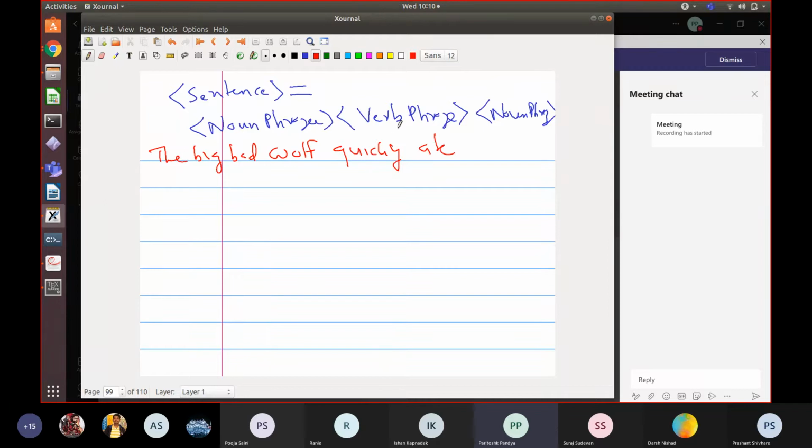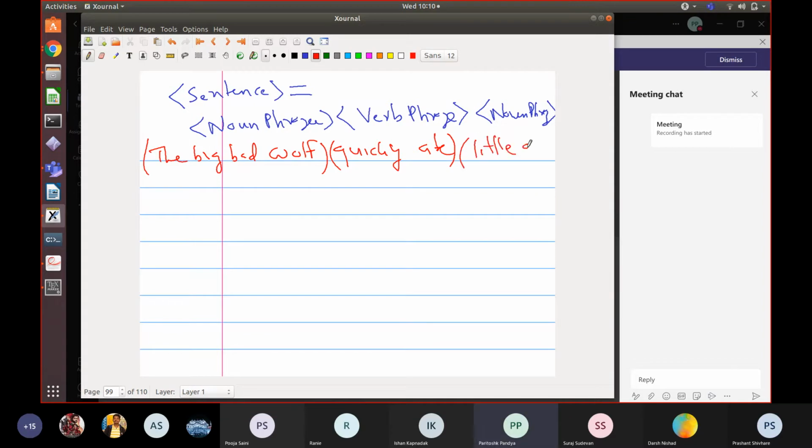This is something that matches with the verb phrase. So the verb phrase is a language, and "quickly ate" is, let us say, a sub phrase or a word which belongs to the verb phrase. "This big bad wolf" is a word which belongs to the noun phrase.